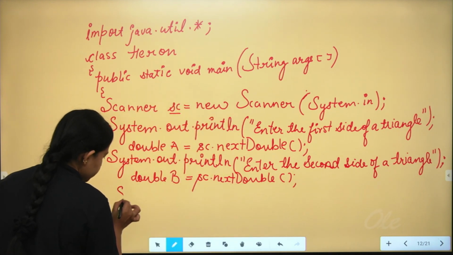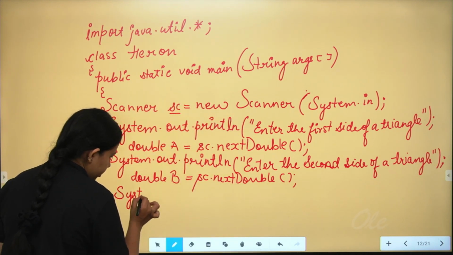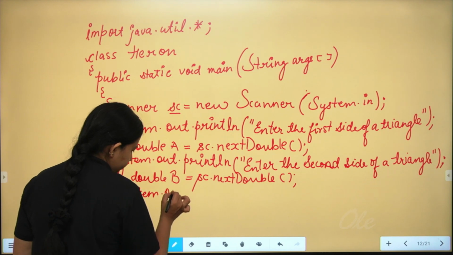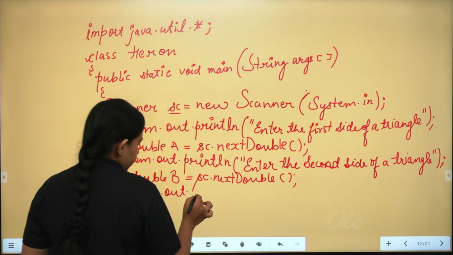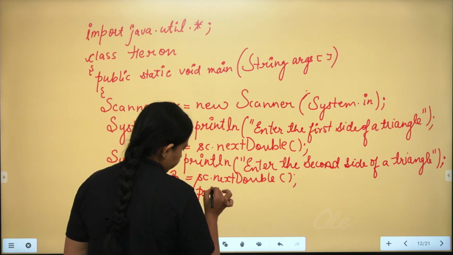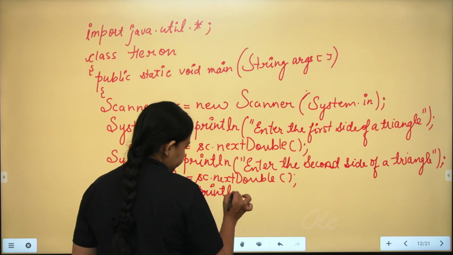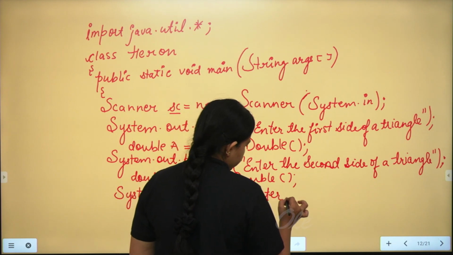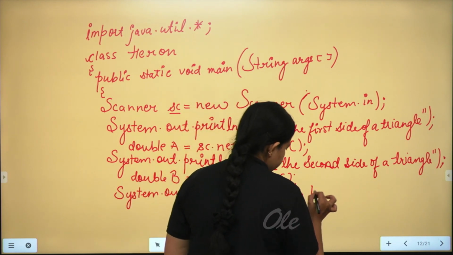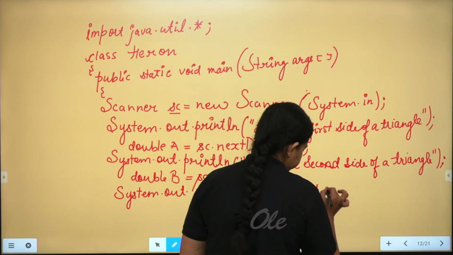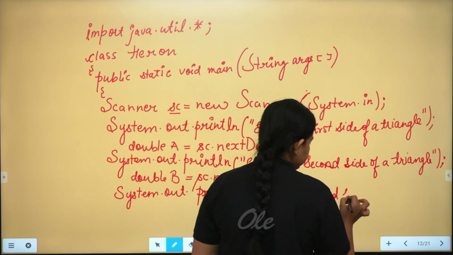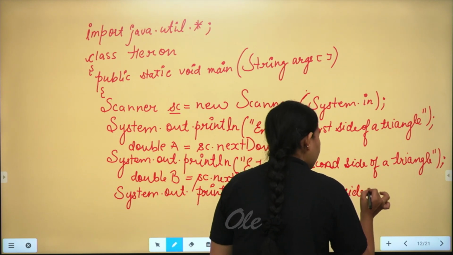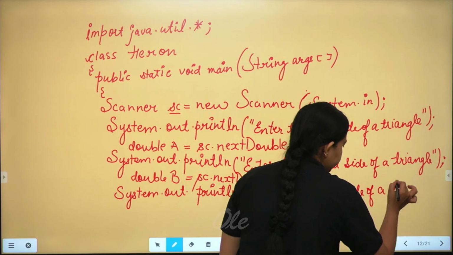Repeat the entire process for the third value. Println, and give a last message: enter the third side of a triangle.